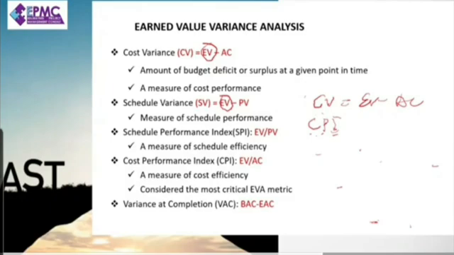Efficiency is more about time, it's more about cost. So how efficient are you with regards to your cost? How efficient are you with regards to your schedule? If you are talking about how efficient you are with regard to your cost, then you're looking at CPI. It's an indicator. Don't forget, we learned some indicators. We learned the leading indicator and lagging indicator.